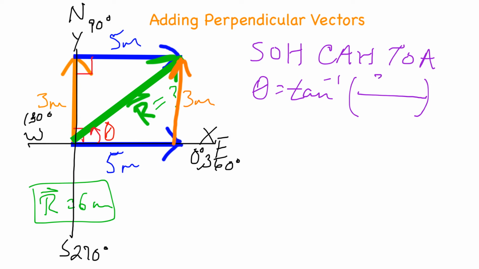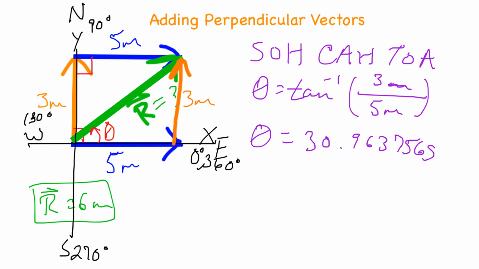So the opposite is going to be our 3 meters and our adjacent is going to be our 5 meters. So when we type that in a calculator, we get 30.9637563 degrees.